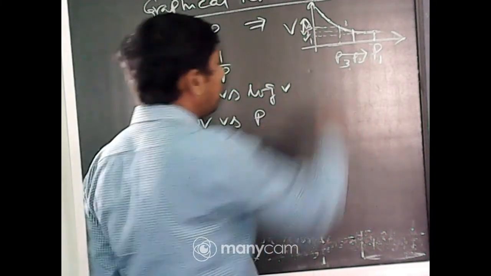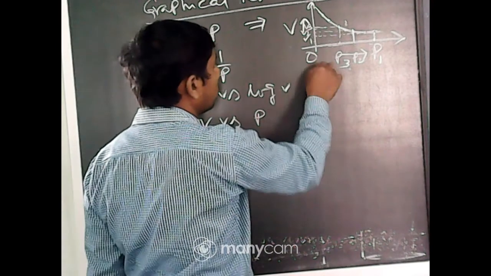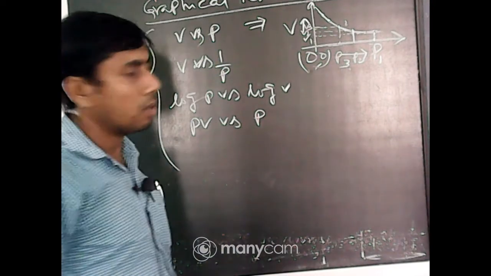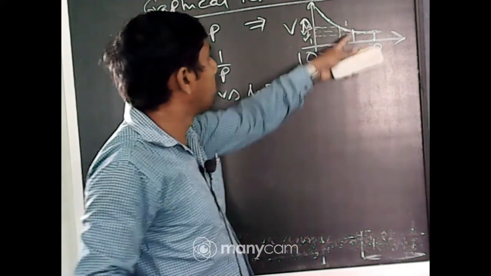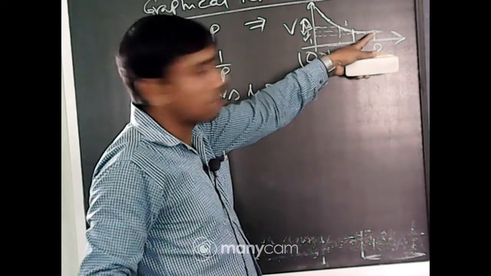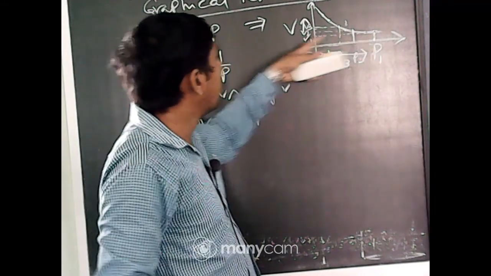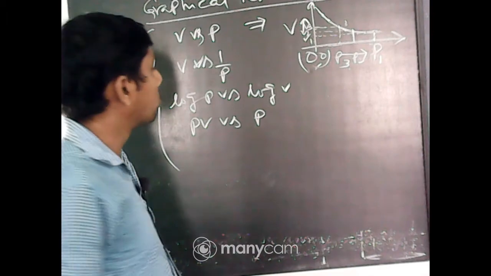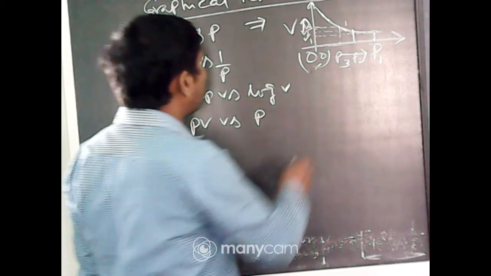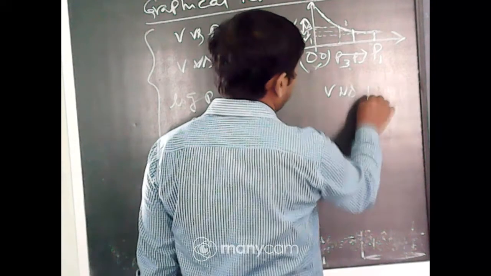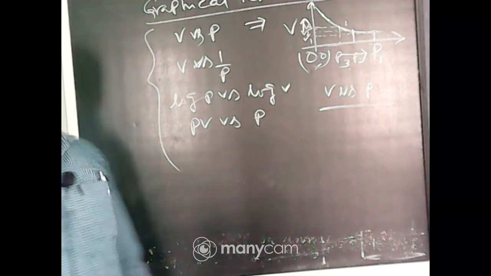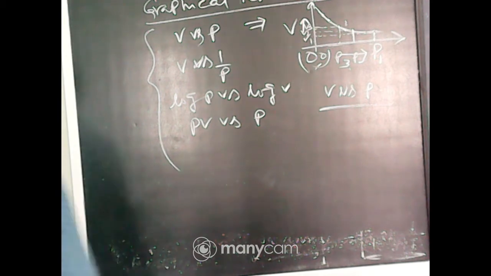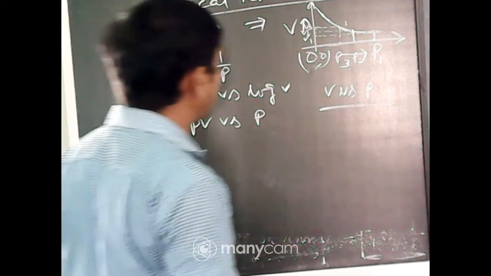P3 is very minimum, so the volume is maximum. P2 is moderate, volume is moderate. P1 has the maximum value of pressure and V1 has the minimum value. So this is the plot of V versus P. Clear?